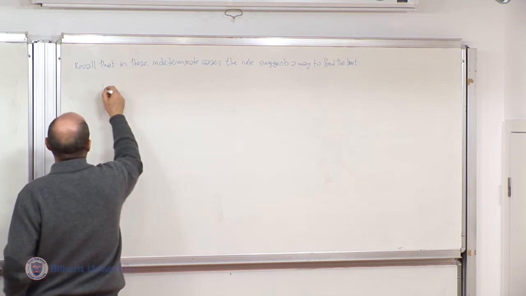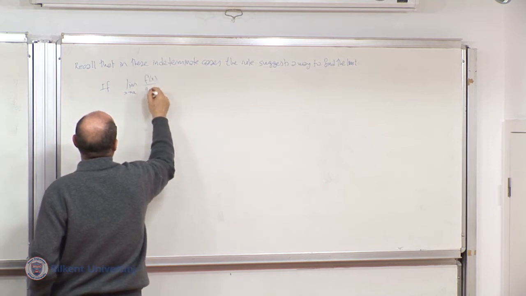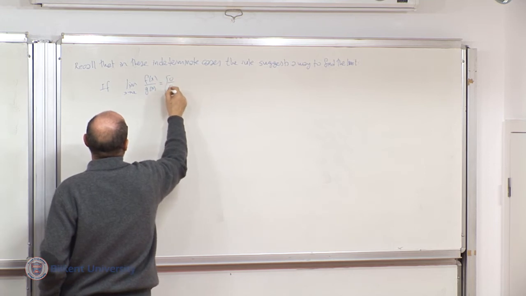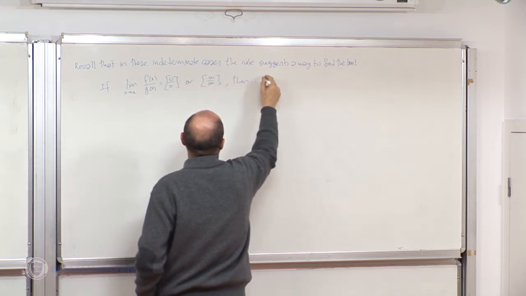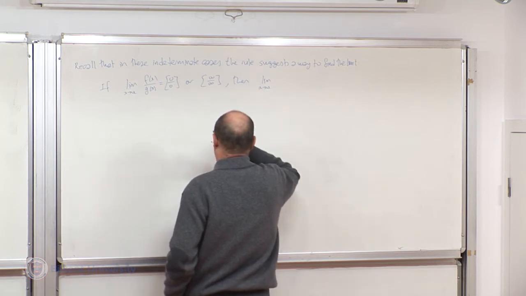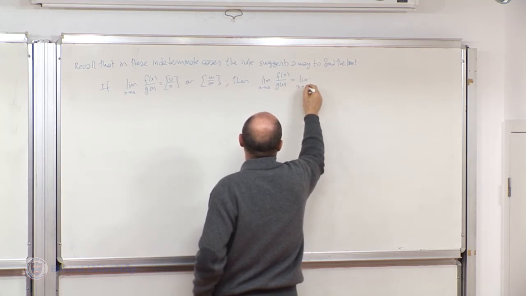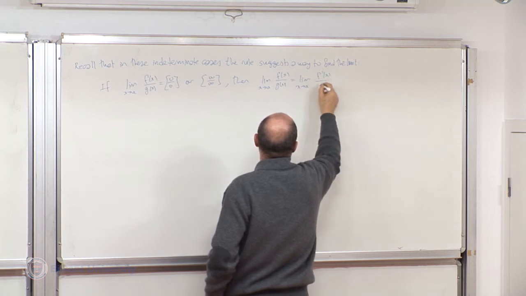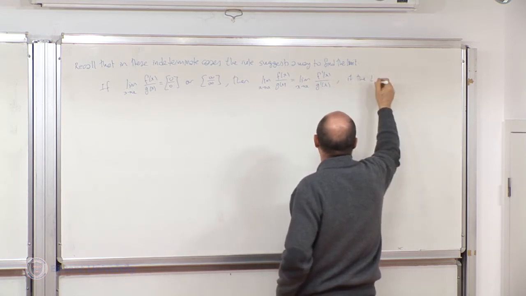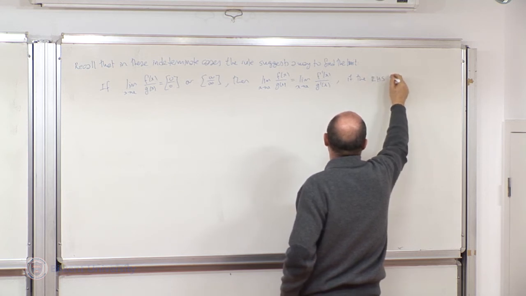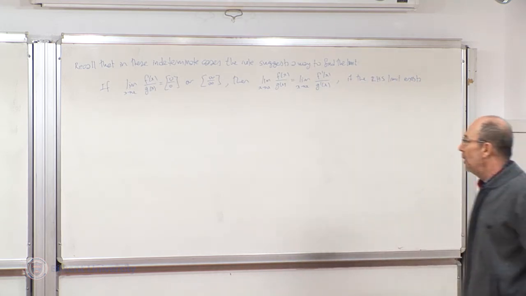So if limit x goes to a of f of x over g of x is equal to 0 over 0 in parentheses or infinity over infinity in parentheses, then limit x goes to a of f of x over g of x equals limit x goes to a of f prime x over g prime x, if the right-hand side limit exists.